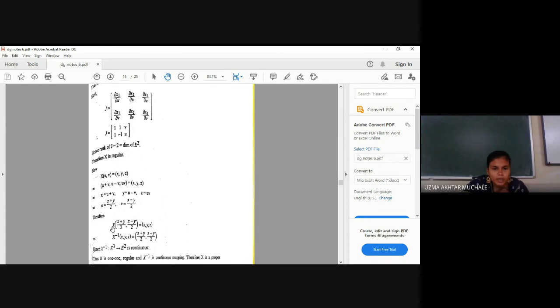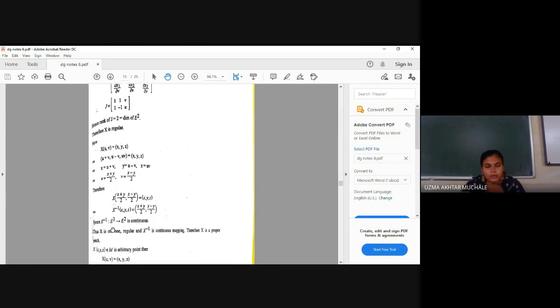Now, what is our aim to show? The surface is a hyperbolic paraboloid, that is z is equal to x square minus y square divided by 4. So for that we have to just equate them. What is x? x is u plus v, y is u minus v, z is u into v. Now solve these equations for u and v.